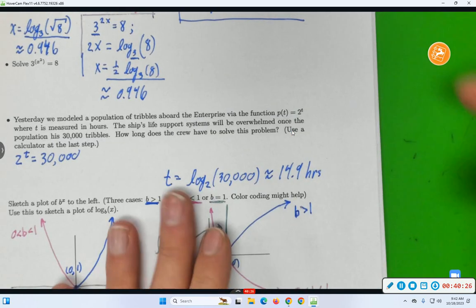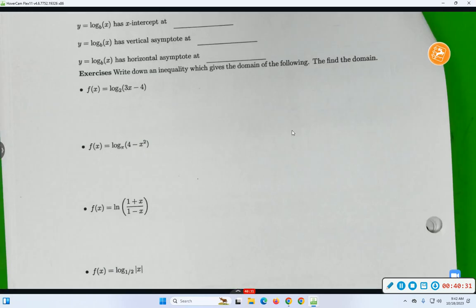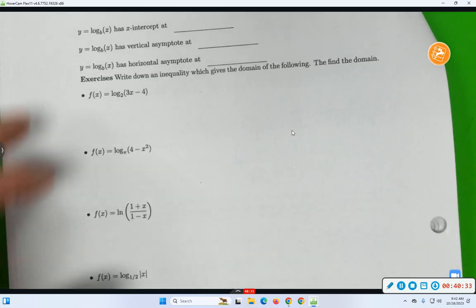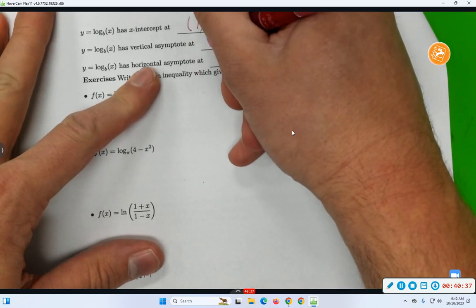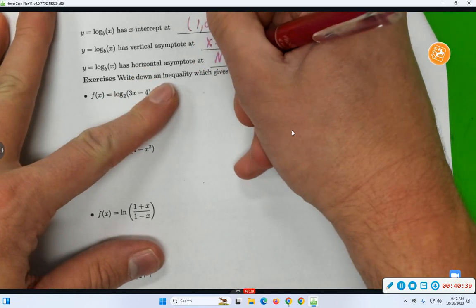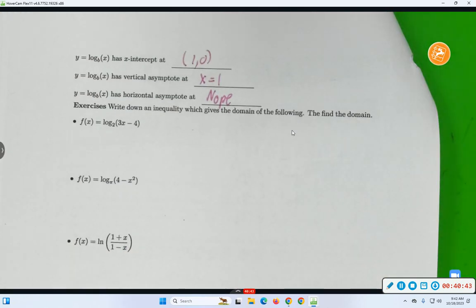Nice. So we can read awesome things from the graph. So x-intercept at (1, 0), vertical asymptote at x equals 0. It has a horizontal asymptote at, nope.